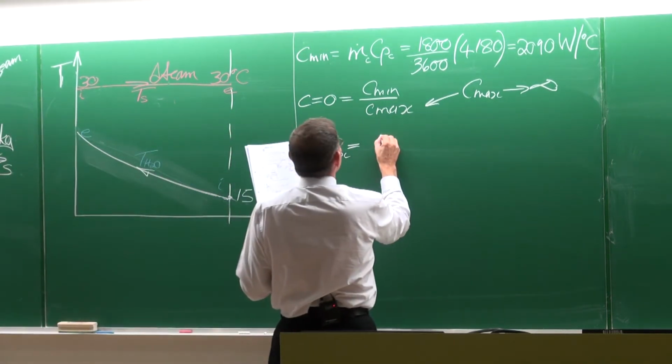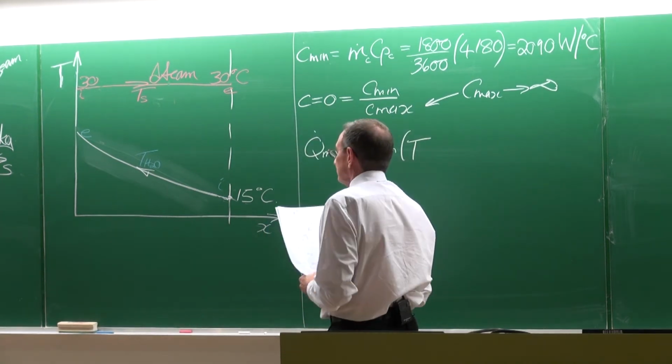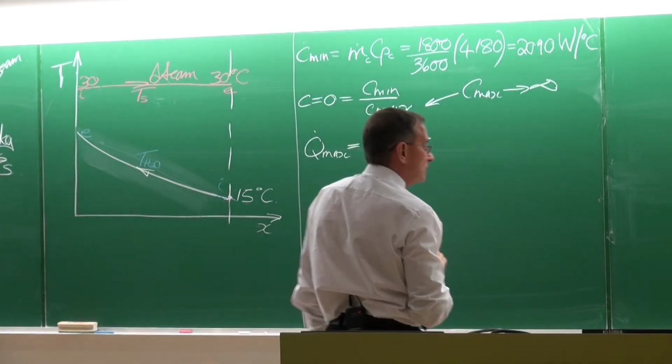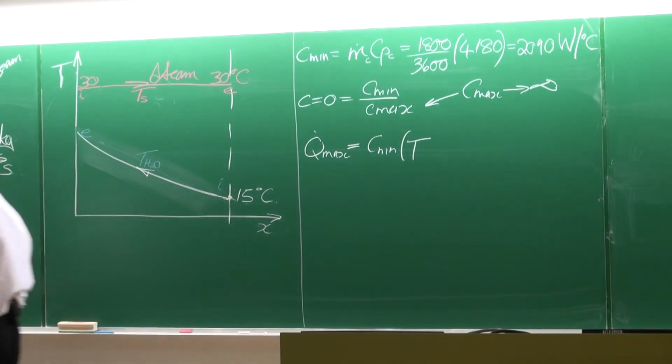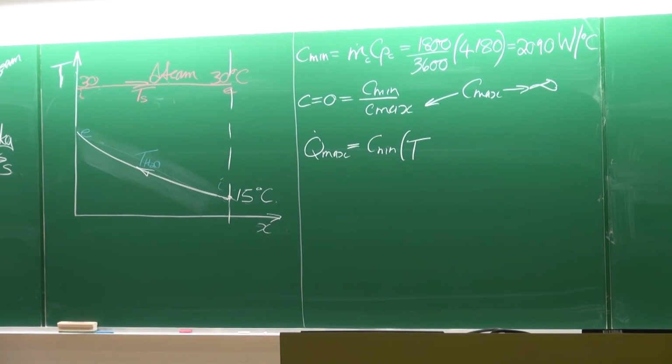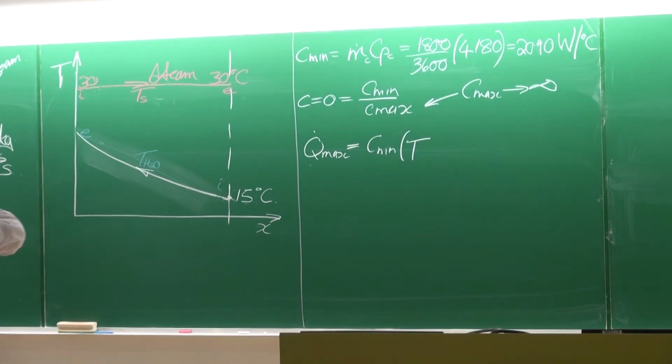Qmax is equal to C minimum multiplied by, okay, now you have to look here very carefully. Qmax is the maximum possible heat transfer that the heat exchanger can give you. What will that be?